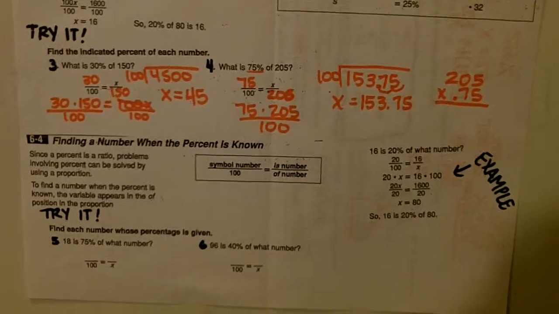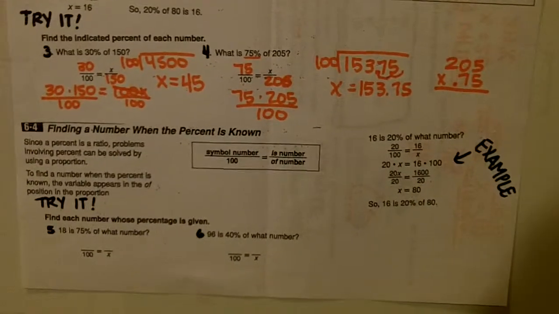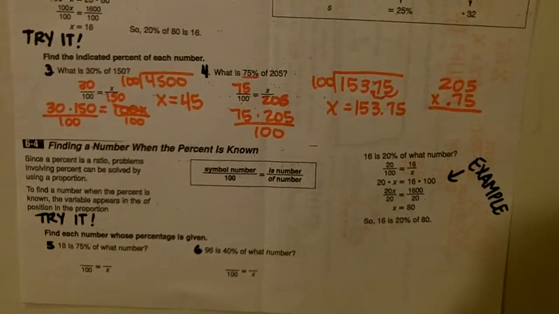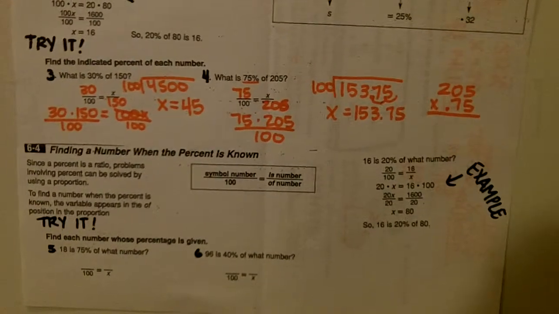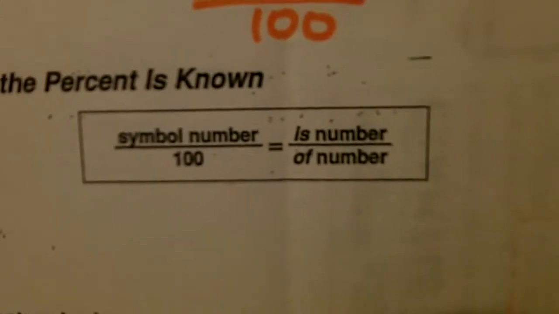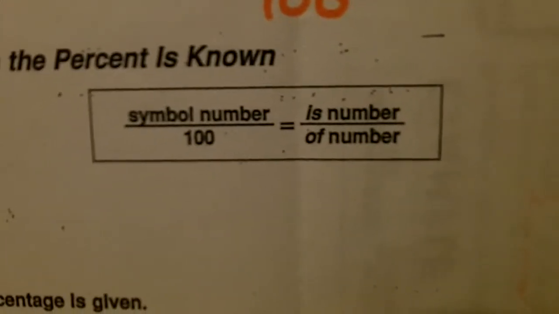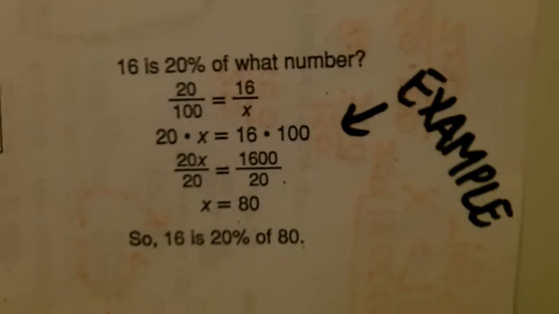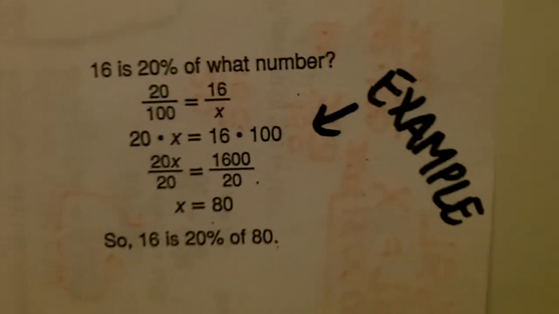Today we're going to be working with finding a number when the percent is known. Since a percent is a ratio, problems involving percent can be solved by using a proportion. We're still using the same proportion sentence that we've been using with the symbol number over 100, the is number, and the of number. If we look at an example, we have 16 is 20% of what number?